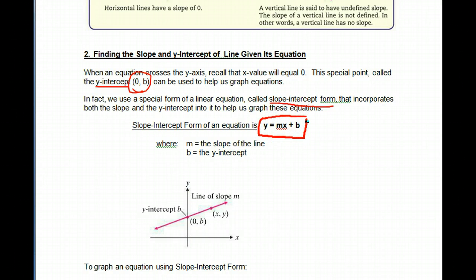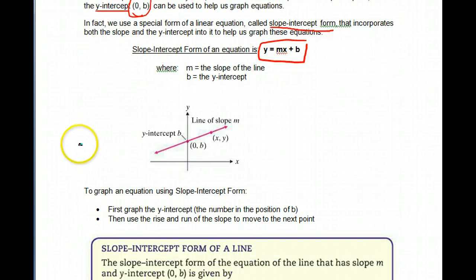You need to memorize that equation and never forget it. The m refers to the slope of the line. Okay, m is the universal algebra variable for slope. B is the y-intercept. So when you see mx plus b, that's what those are always going to represent. M is slope, B is the y-intercept. That's always.